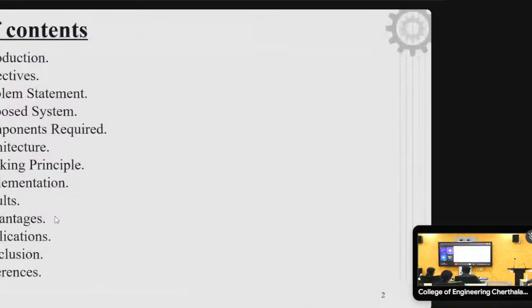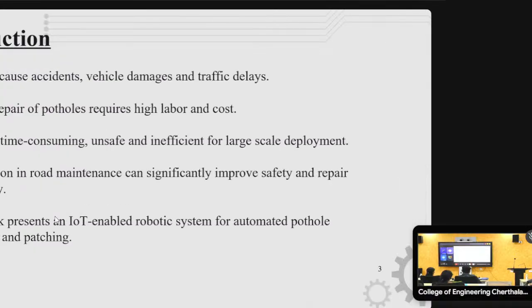Now the introduction. As we all know, nowadays potholes are major causes of road accidents, vehicle damage, and traffic congestion, especially in urban and semi-urban regions. Traditional pothole repair methods rely on manual inspection, which can delay maintenance, is time consuming and costly, and is also unsafe for workers.